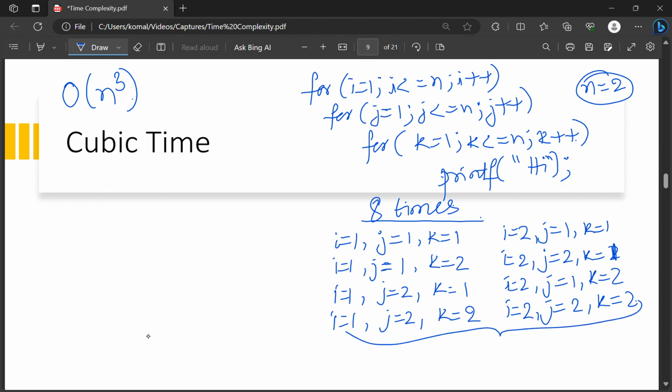So totally how many possibilities are there? 8 times this hi message will be printed. This is nothing but big O of n cube time complexity.